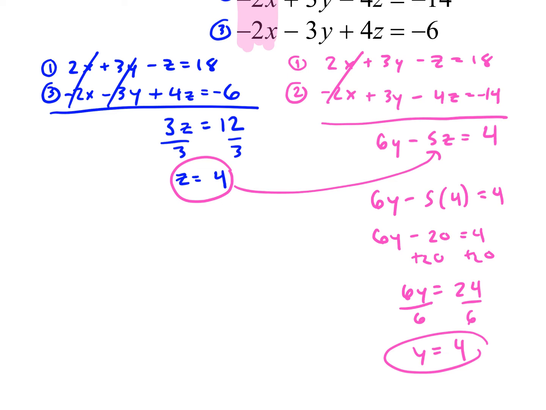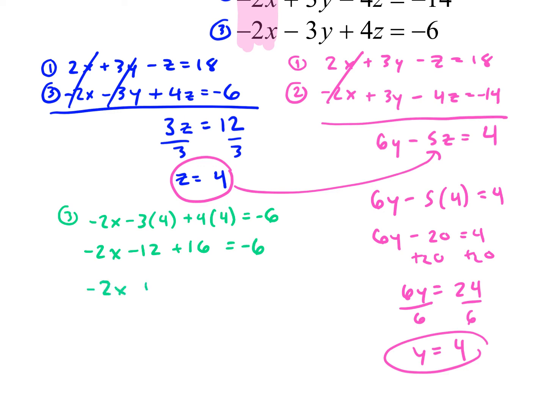So I have negative 2x, which we don't know yet, minus 3y, which is 4, plus 4 times 4 is equal to negative 6. So negative 2x minus 12 plus 16 is equal to negative 6.